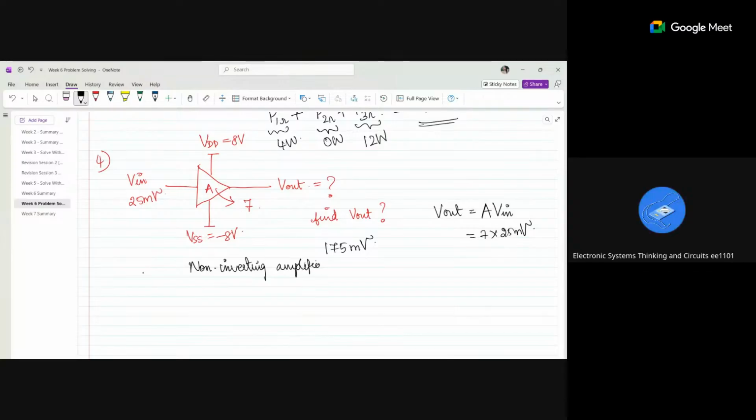If this gain A is positive, then it is a non-inverting amplifier. If the gain is a negative value, then it is an inverting amplifier. So whatever positive value you give in, you will get a negative value out, and if you give a negative value in, you will get a positive value out. So your negative gain basically inverts the V in, to the opposite sign, positive or negative, right? Okay.